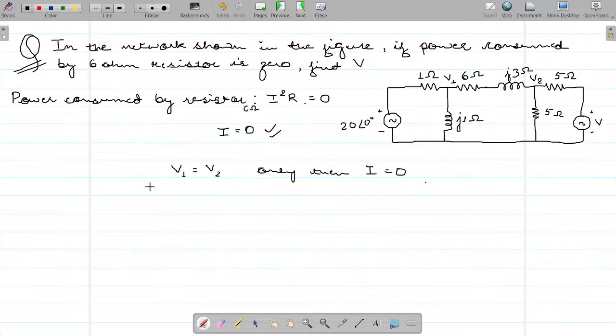Only when two points are at the same potential will there be no current flowing in the branch. So can I say V1 is equal to V2 if I is equal to 0?